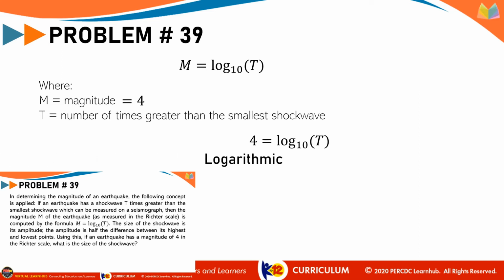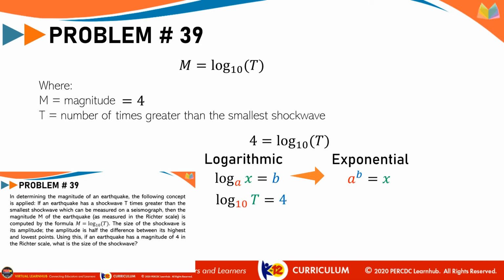This is in logarithmic form, which is log of x to the base a equals b, and we need to transform it to exponential form, which is a raised to b equals x. So from log of t to the base 10 equals 4, it will become 10 raised to 4 equals t. Thus, t equals 10 raised to 4 or 10,000 times the smallest amplitude of the shock wave.